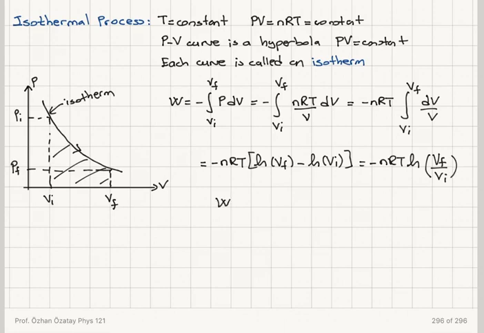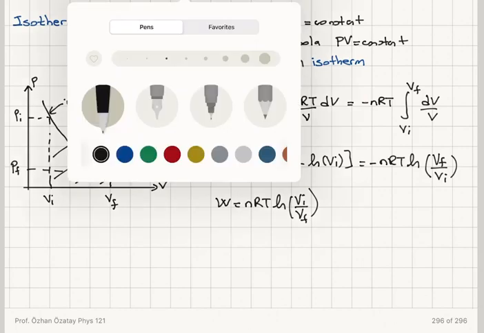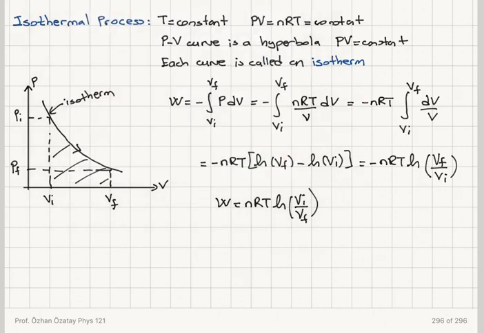And finally, when I operate the minus sign on the natural logarithm, I have nRT natural logarithm of V initial over V final. So this will be the way to calculate the work done on the system with an isothermal process.